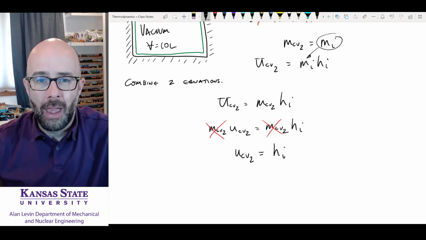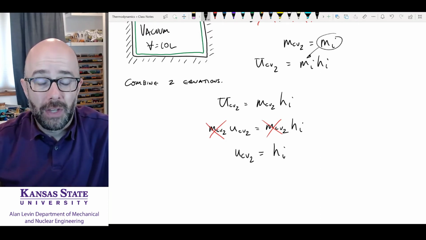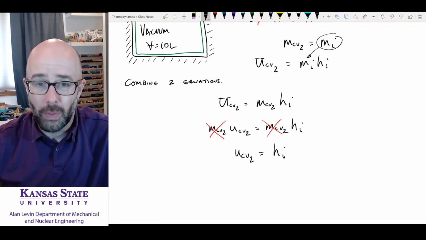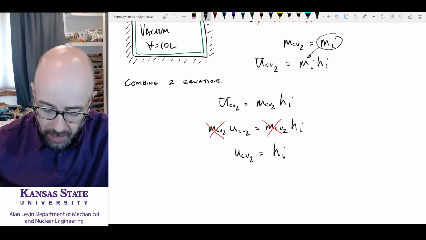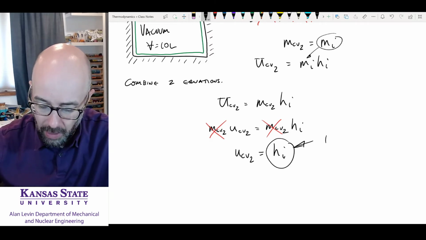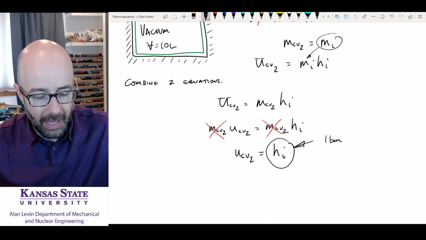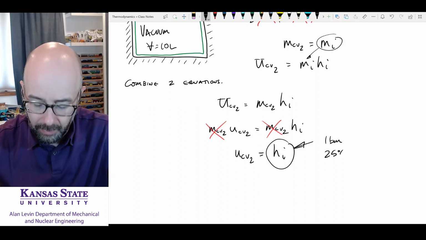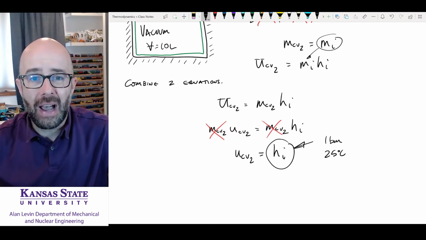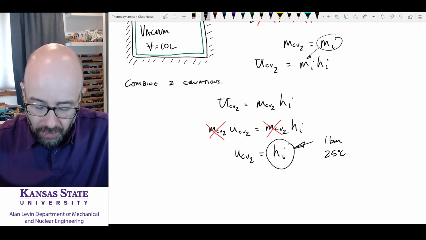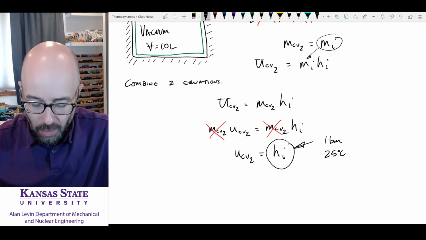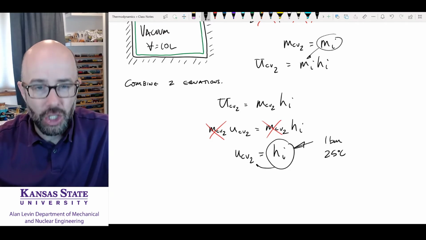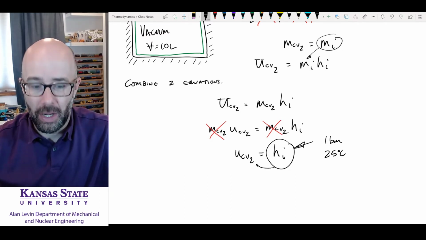Okay, now there's two ways to solve this problem from right now. We can look in our charts, because we know this enthalpy coming in is at 1 bar and 25 degrees Celsius. We could go find that value and see where we have an internal energy that matches that point.